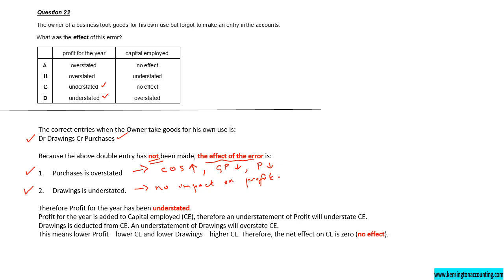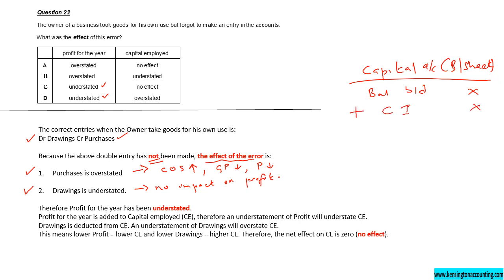Now let's see the impact of the lower profit and the understated drawings on capital employed. When we look at the capital account in the balance sheet or statement of financial position, you have an opening balance, then you add capital introduced, you add profit for the year, then you deduct drawings.